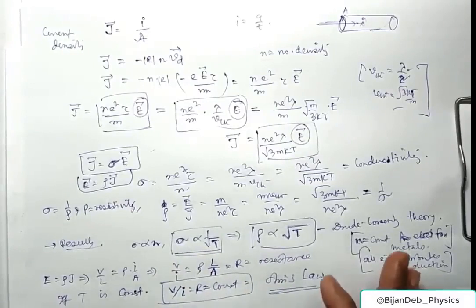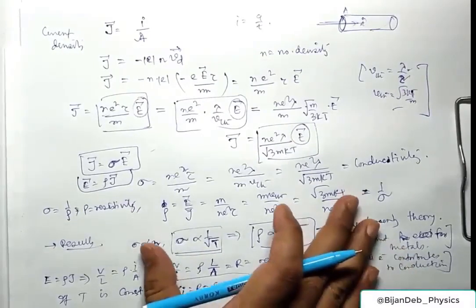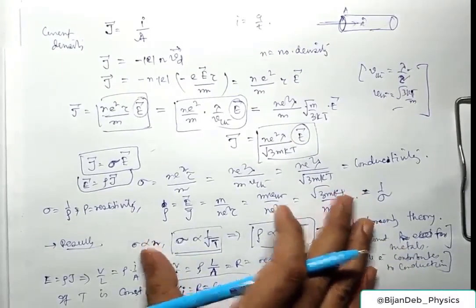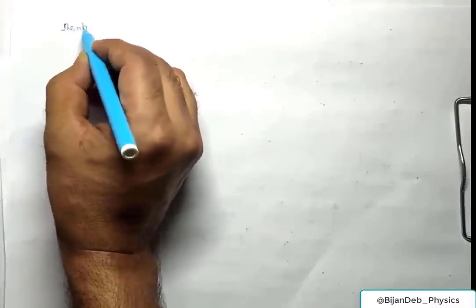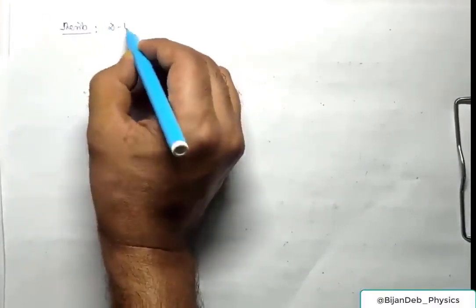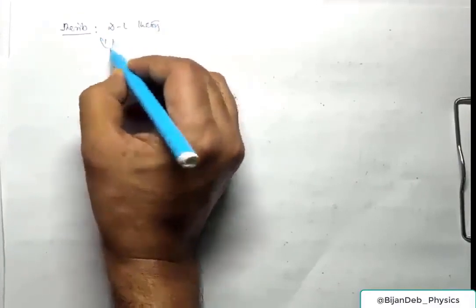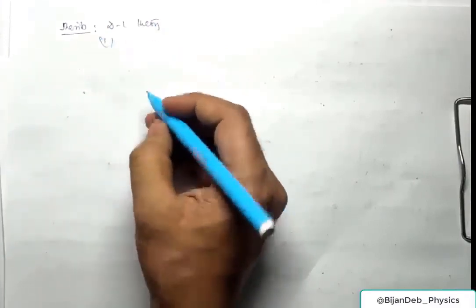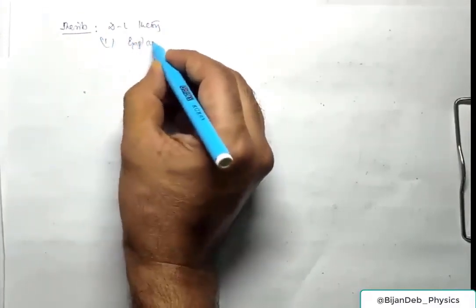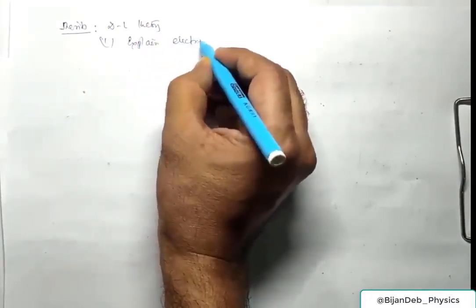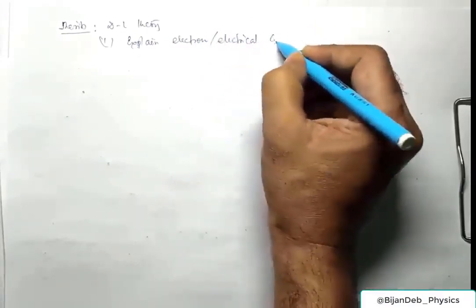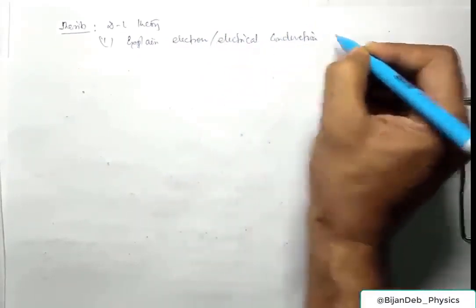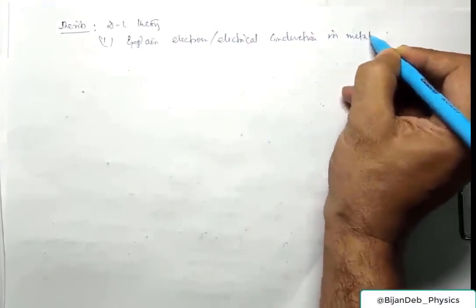Now we will summarize what the achievements of Drude-Lorentz or classical free electron theory are, and what the failures are. So what are the merits or achievements of DL theory? One is that it can explain electrical conduction in metals.